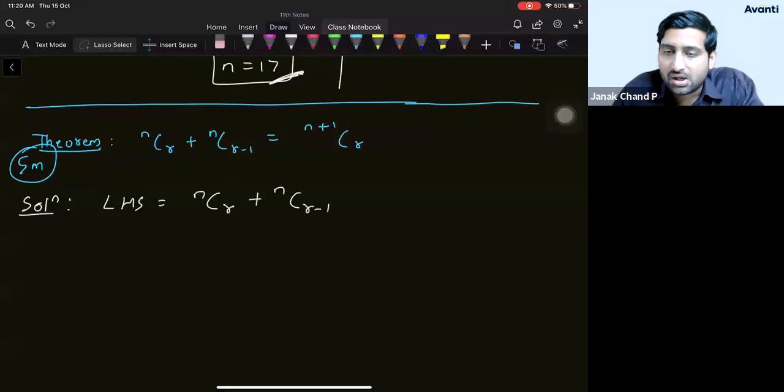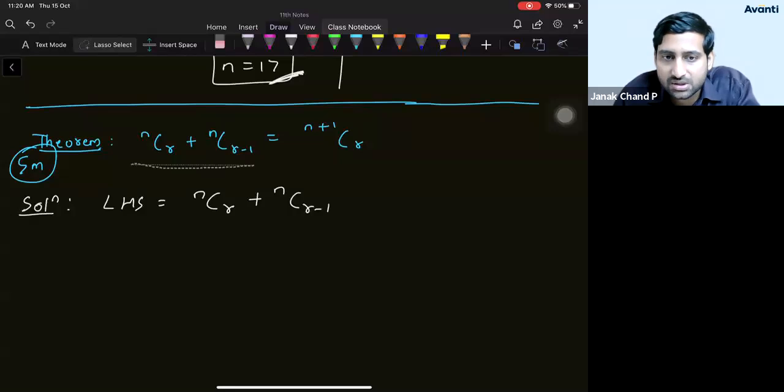Now, we have here nCr added to nC(r-1). The value of this addition will be equal to this. So this theorem is basically used to add two coefficients. C coefficients means nCr and nCr. To add two such values, we'll be making use of this.